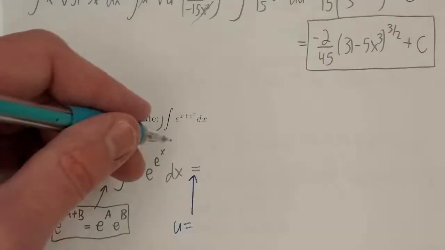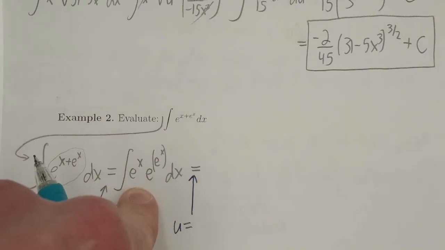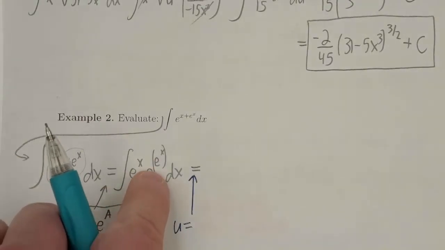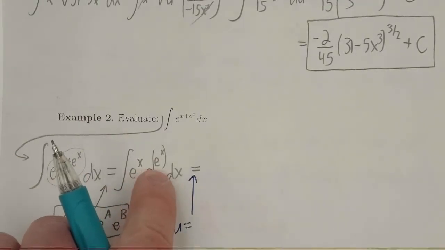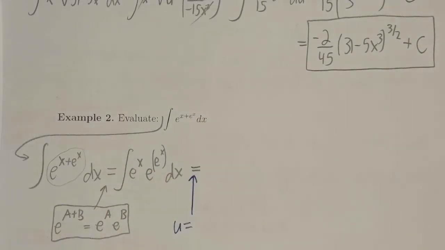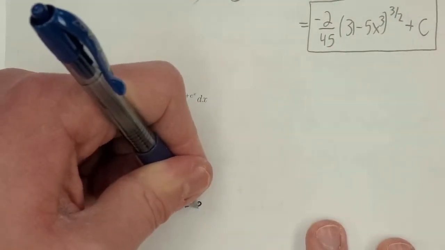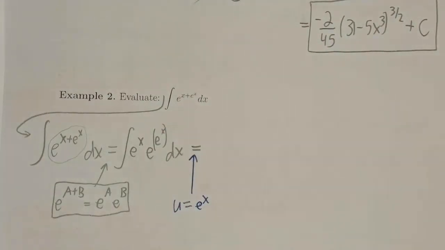But you do notice that e to the power of x here is embedded within another e to the x, right? And you notice, well, wait a minute, the derivative of e to the x is itself, which is right here, right? So, taking that cue into account, what do you think u should then be? E to the x. Good. So, e to the x should be equal to u here.